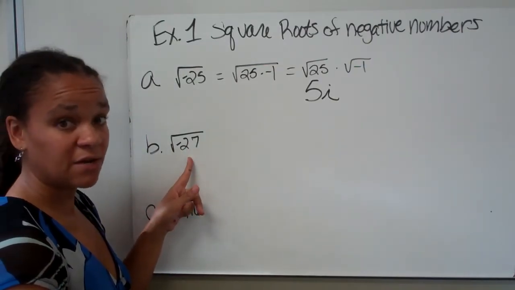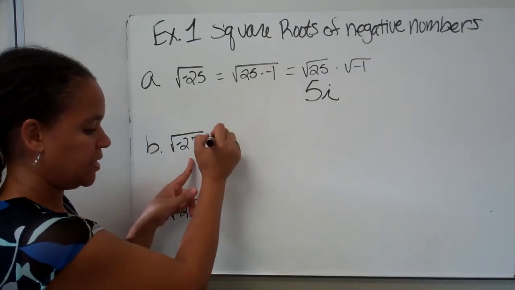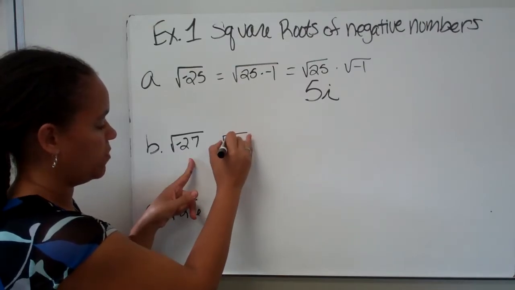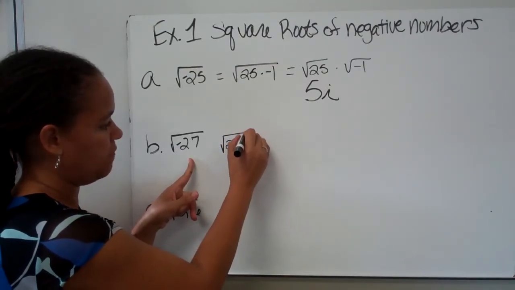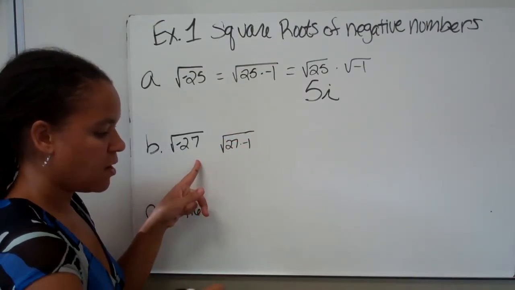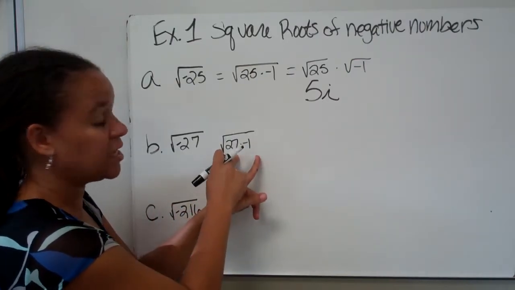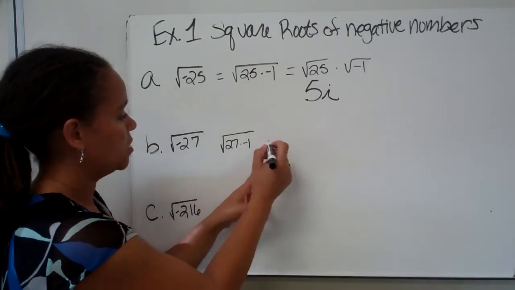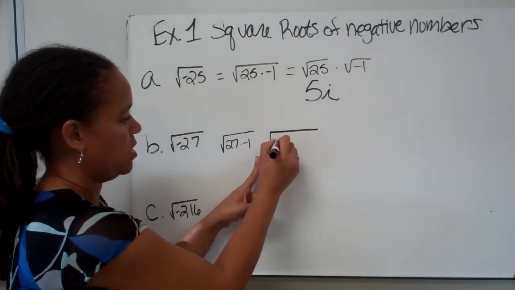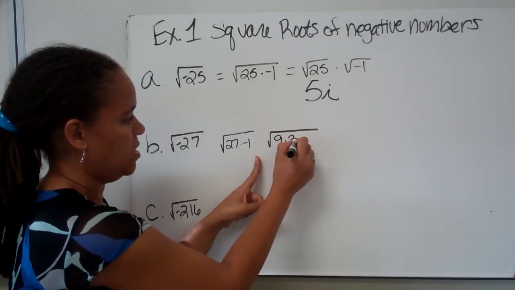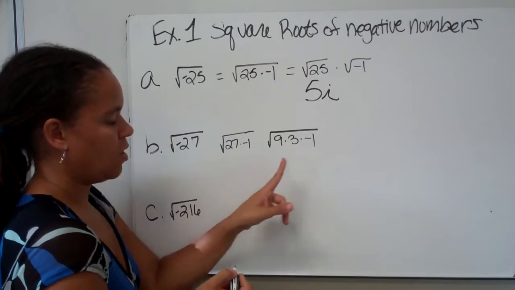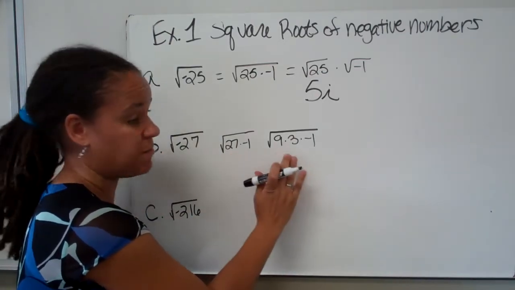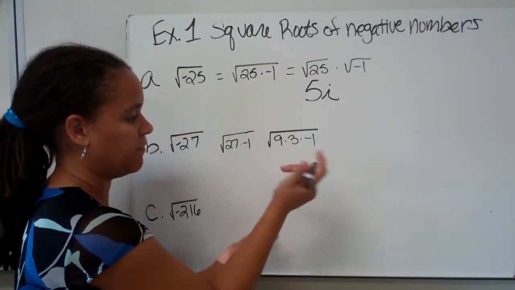Now if we had to break down the square root of -27, we could break this down into the square root of 27 times -1, which is fine, but we can actually break this down because it has a perfect square. So we could turn this into 9 times 3 times -1. Why did I do that? Because 27 has a factor that's a perfect square.